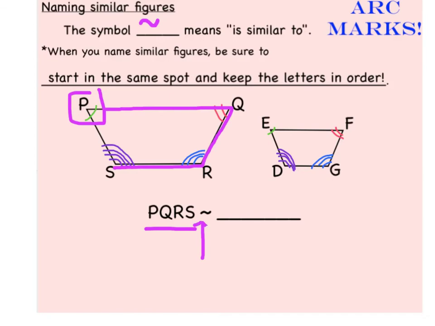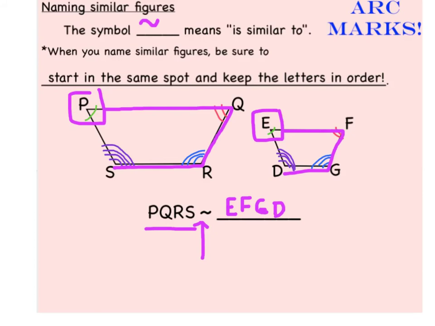Now, we have the is similar to symbol right after that. You can see it right here. And now when we name our small quadrilateral, we have to start in the same position and move in the same direction so that our corresponding angles are in the same position. So we start at E, we move to F, then G, then D. At this time, I would like you to pause your video and complete checkpoint question number 1.